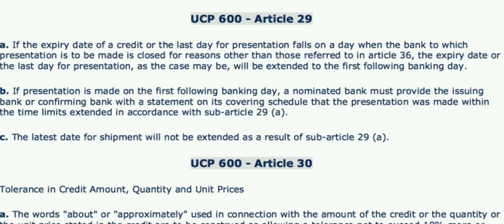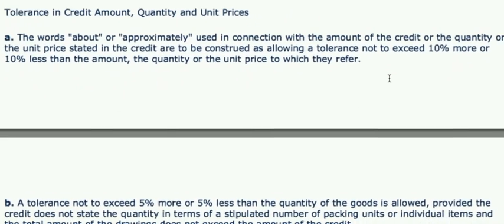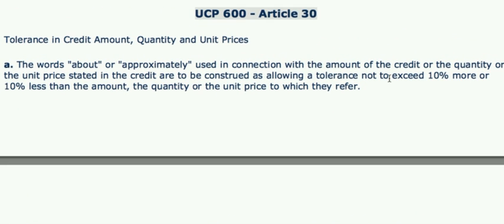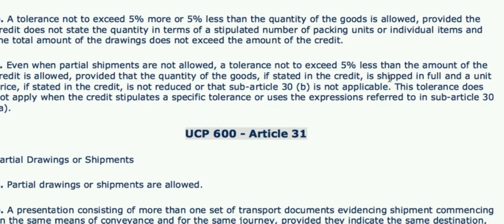Okay. Then tolerance in credit amount, quantity and unit price. Credit amount tolerance level is 10%, plus minus 10%. Means if this documentary credit is for 100 million, the acceptable level is lowest up to 90 million, highest up to 110 million. But quantity wise, the tolerance level is 5%, more or less.